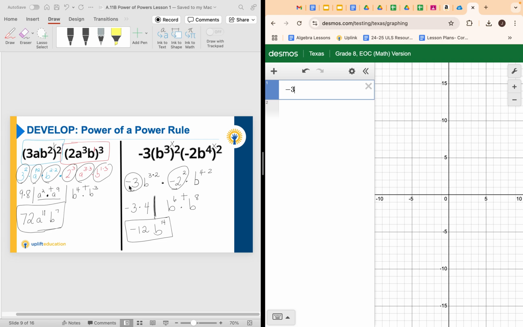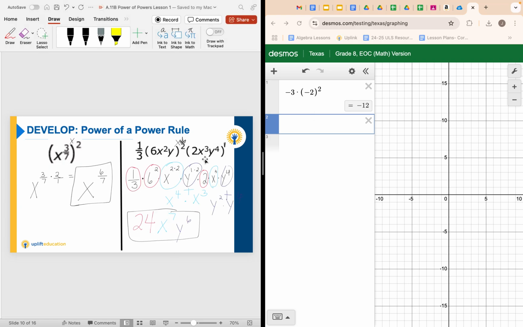So our coefficient here was a -3, and then we multiplied it by a -2 to the 2nd power, and you see how we still have, put this in parentheses. There we go. So it's important that we put that in parentheses. That -12. And we're going to put it inside parentheses because it's also inside parentheses here. That's super important. So the same thing, that's why we're also putting it into parentheses.